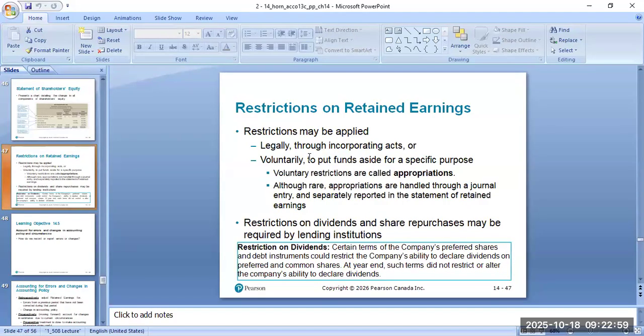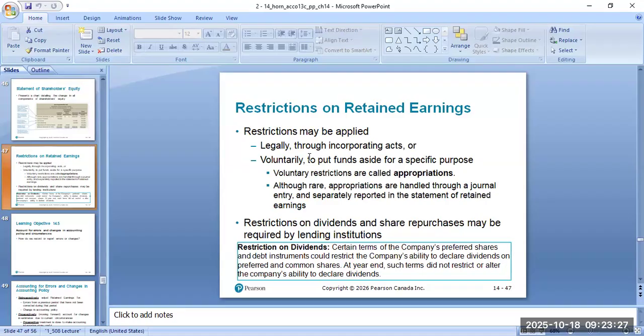For example, if the bank gives the company a loan, the bank wants to get their money, the principal, back. Every time the company generates income, the bank will be happy because the income has to be retained.